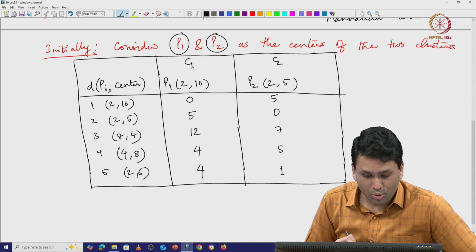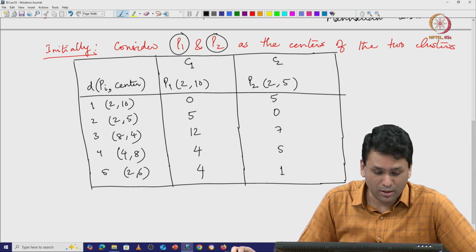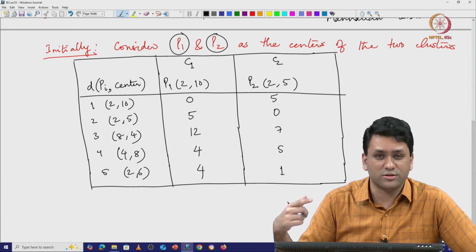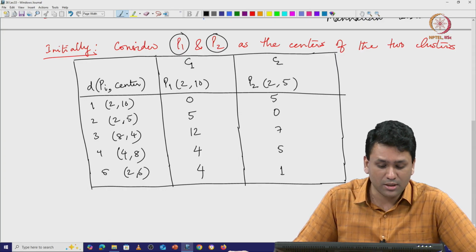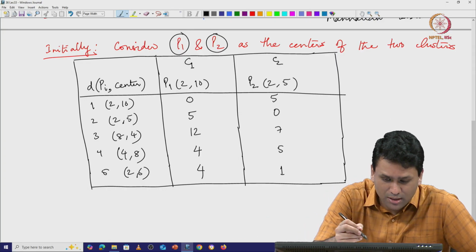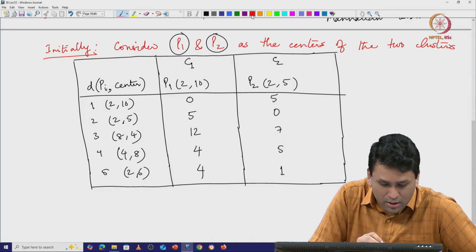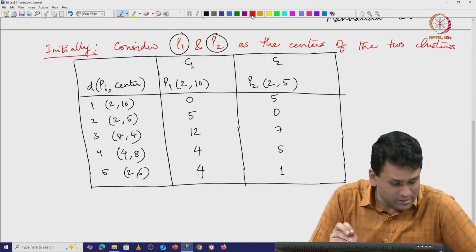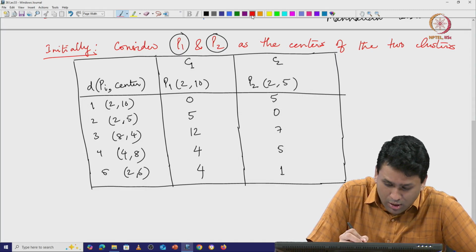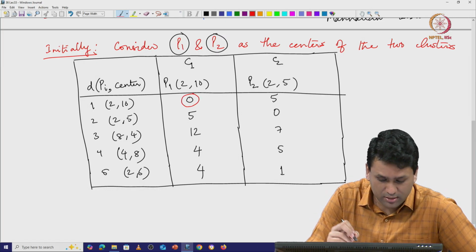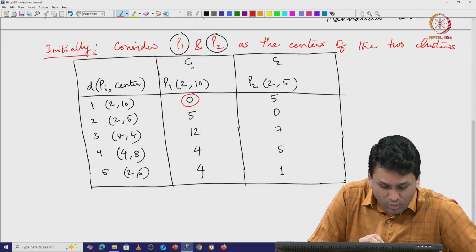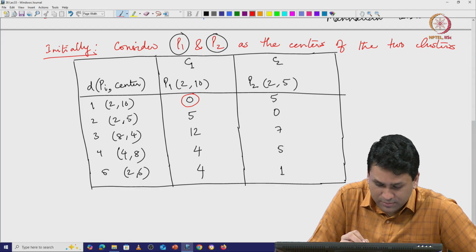Okay. So, now we have to do the reassignment of the points. So, the question to ask is which points will now be assigned to which clusters, right. So, if you consider the first point, 2 comma 10, that is closer now obviously to C1, right. So, you will just assign it to cluster 1. The second one, 2 comma 5.